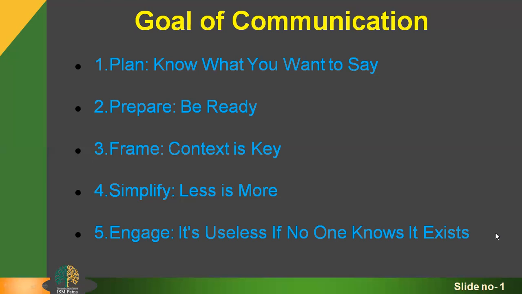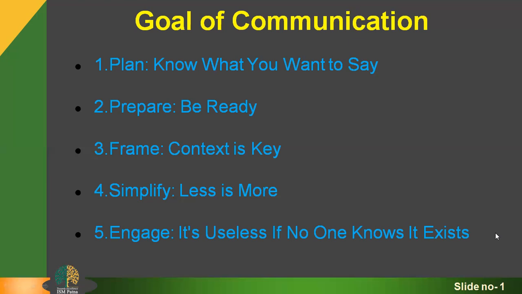Then prepare, be ready, means you must be able to make aware the stakeholders who are going to receive your result or who are going to be affected by your result. So making them all ready to receive the result, to understand the result, to accept the result, be prepared, be ready.